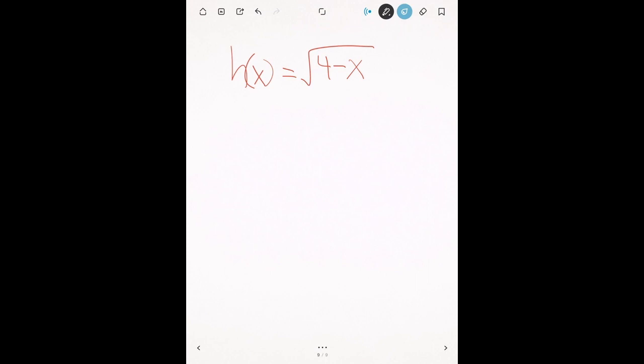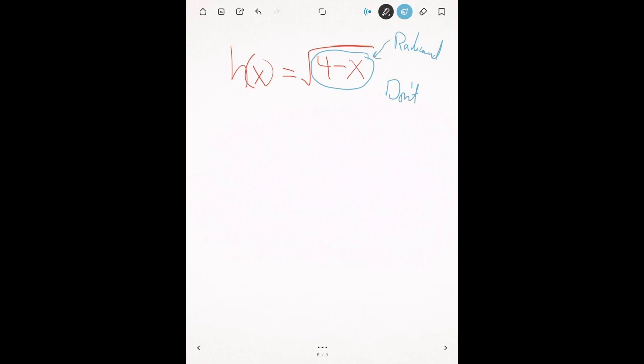Okay. Hopefully you had some time to think about it. The idea here is that we want to avoid having this be negative. This is called the radicand, a little vocab word for you. That's the inside part of a square root.